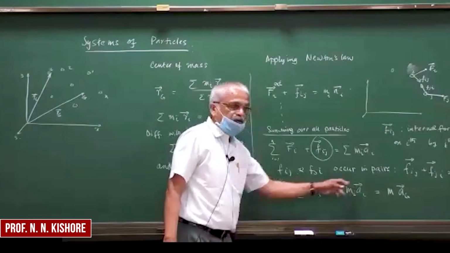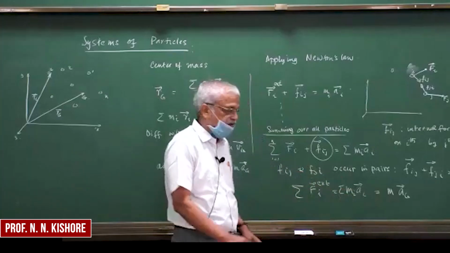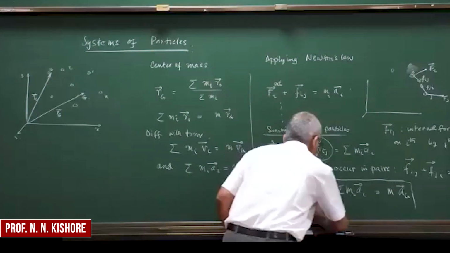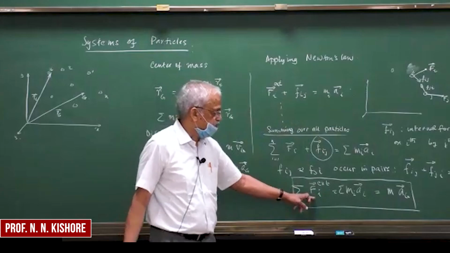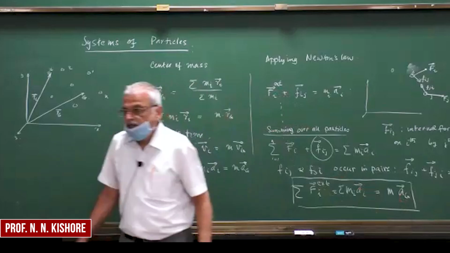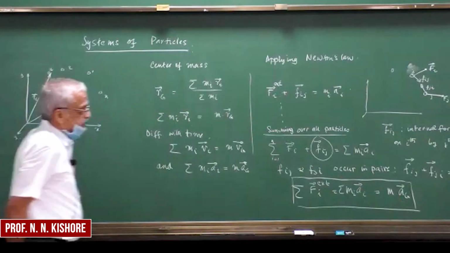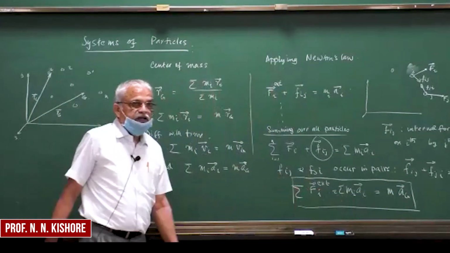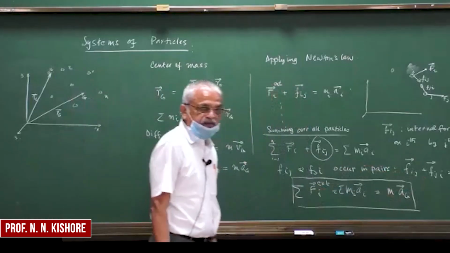That means the internal forces get cancelled, leaving the total external forces combined together equal to the total mass of all the particles multiplied by the acceleration of the center of mass. Okay, so this is a very important observation, that the Fij get cancelled.